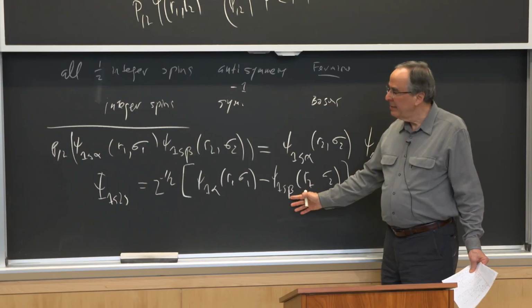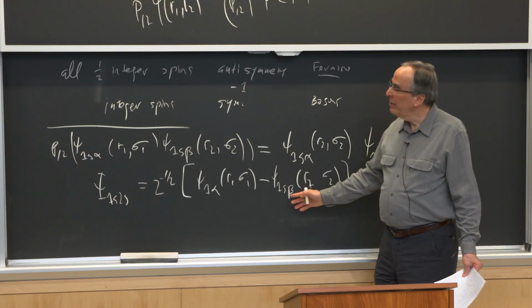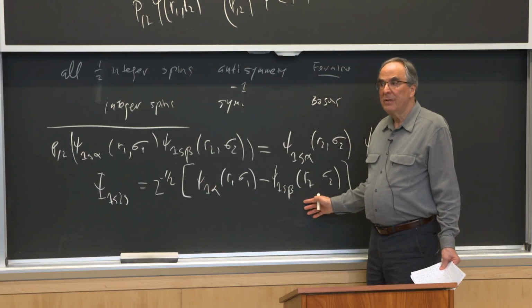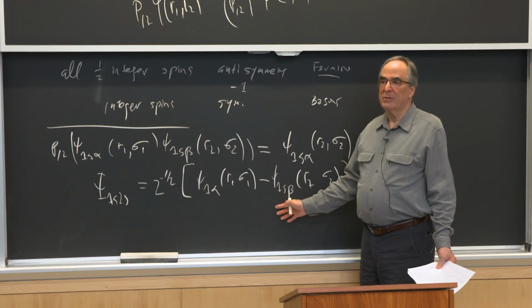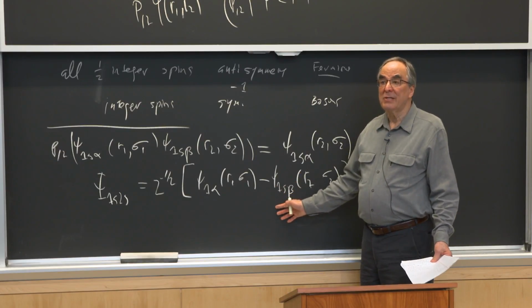And this, in fact, is antisymmetric. If you apply the permutation operator to this, it is an antisymmetric function. So this does the job.